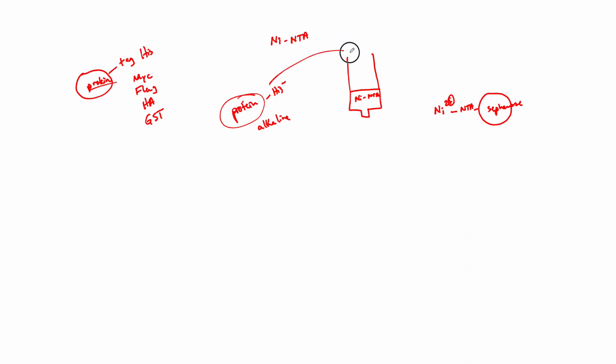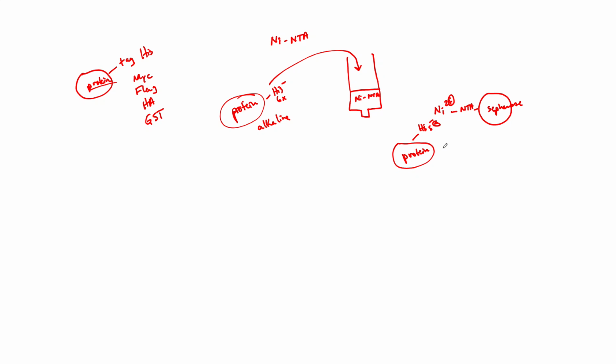And then when we put this protein onto this column, because it has 6 of these, right? 6 of these negatively charged histidines. That high amount of negative charge in one small area will have a lot of affinity for these nickels. And so that histidine with that negative charge that's attached to your protein will have a lot of affinity for the column.